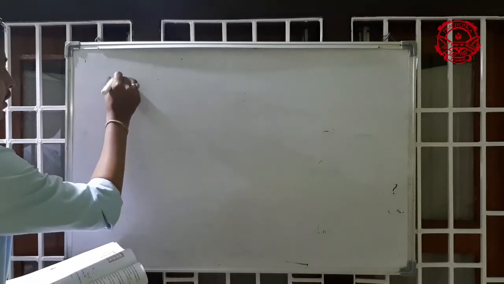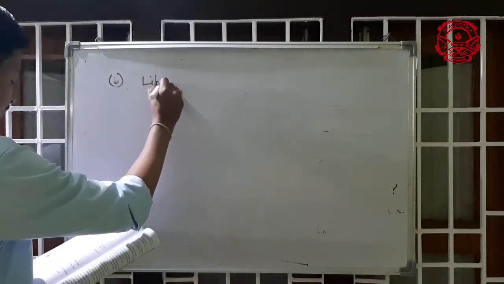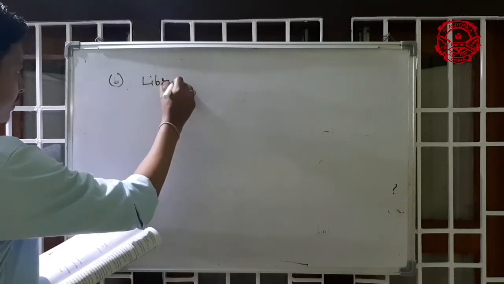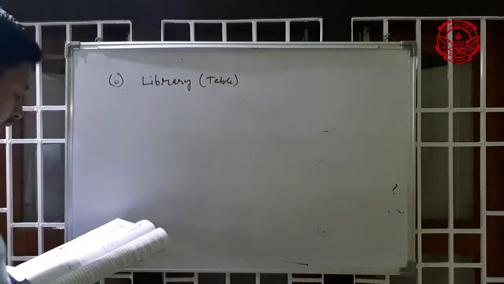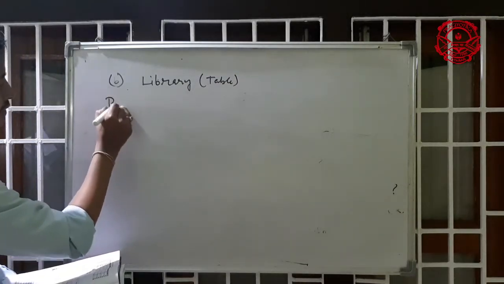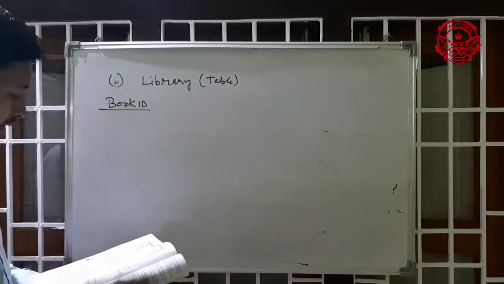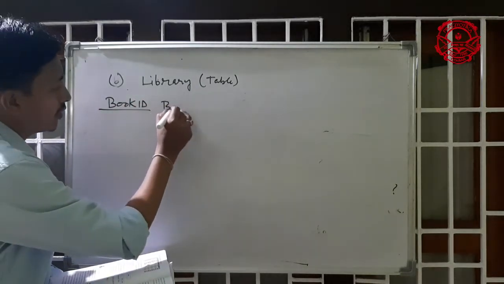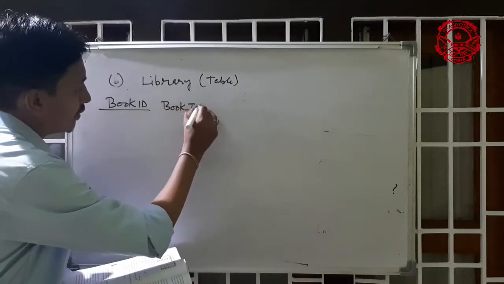Now, number B, again there is a table called library. In the library table, you can see the first field is book ID. Second is book title.